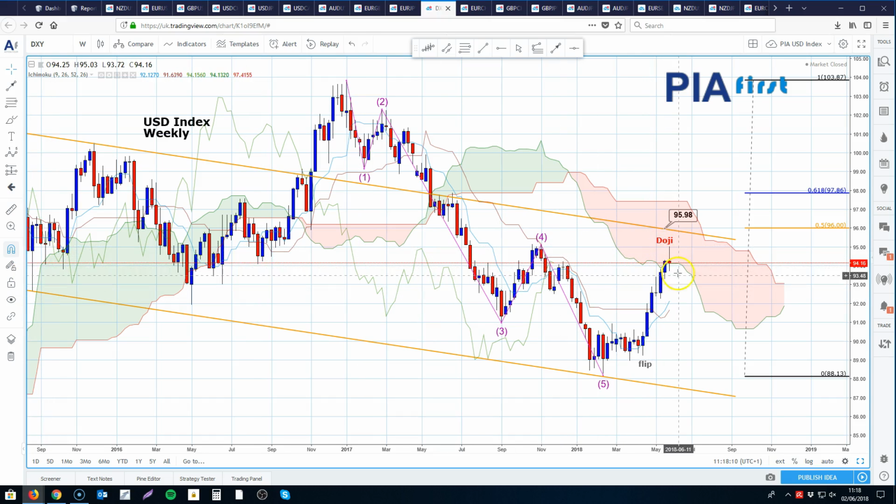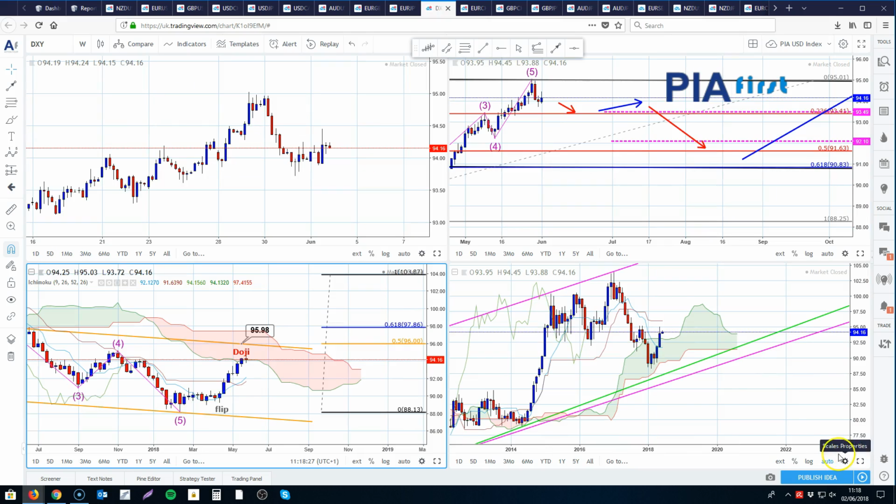So there is scope for a correction to the downside. The long-term bias, we still believe, is for a move towards here, 96 the figure. So we're looking for a dip and then basically a rally higher in the dollar index.